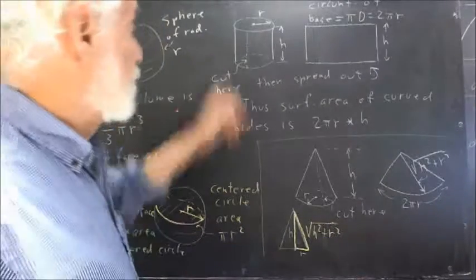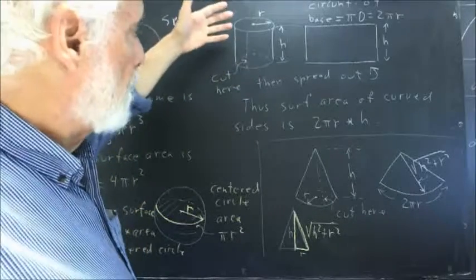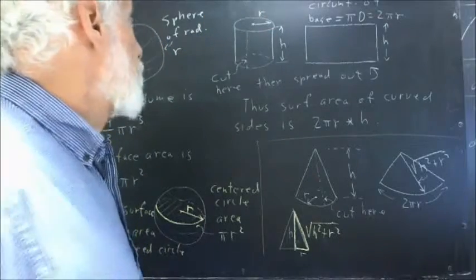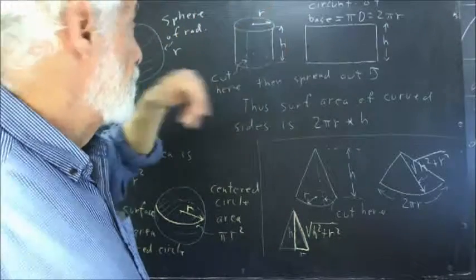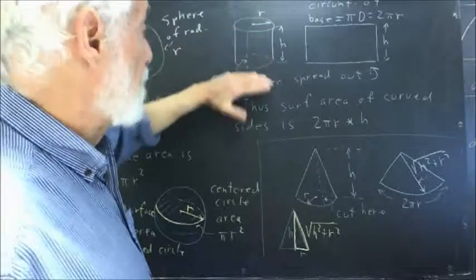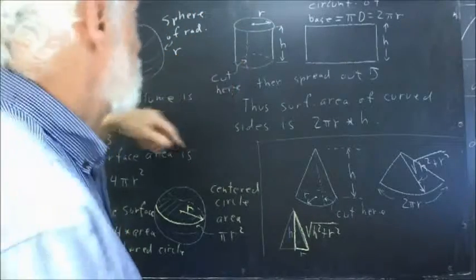Okay, a cylinder. We have figured out how to find the volume of the cylinder: area of the base times its height. That would be pi r squared times h. Now the area. Well, a cylinder has a top and a bottom. The top and the bottom have areas pi r squared.